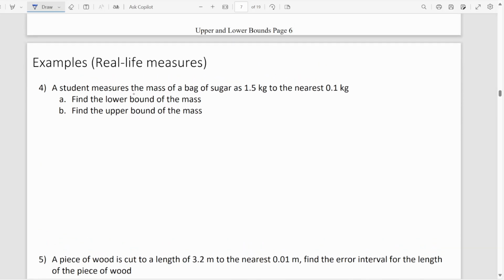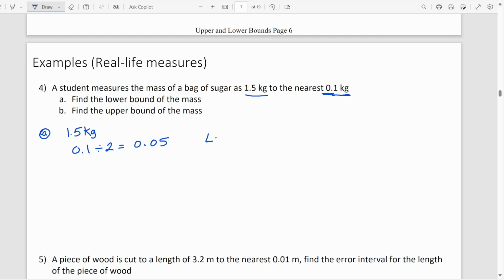Okay, a student measures the mass of a bag of sugar as 1.5 kilograms to the nearest 0.1 kilogram. Find the lower bound of the mass. So we know the weight is 1.5 kilograms. And the unit of round is actually 0.1 kilograms. So it's the same thing, but it's 0.1 this time, okay? So we're just going to divide 0.1 by 2 and get 0.05.